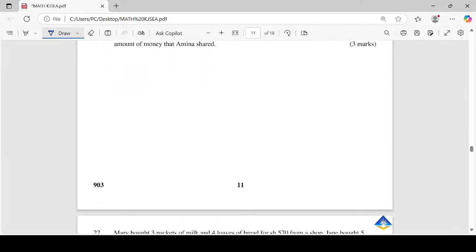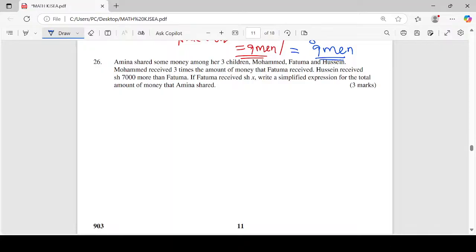Question number 26. Amina shared some money among her 3 children, Mohammed, Fatuma, and Hussein. Mohammed received 3 times the amount of money that Fatuma received. Hussein received 7,000 shillings more than Fatuma.